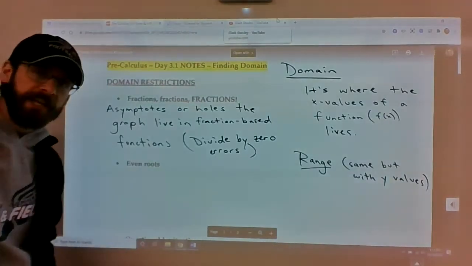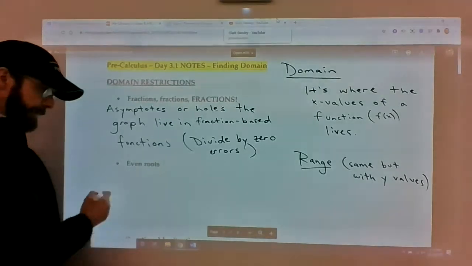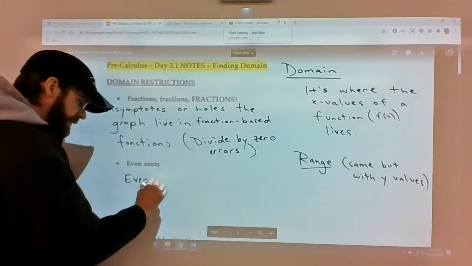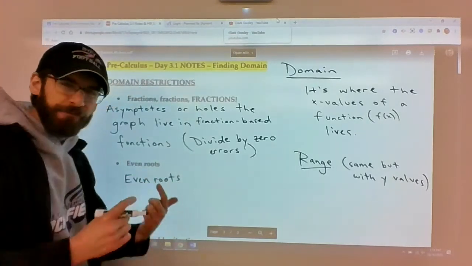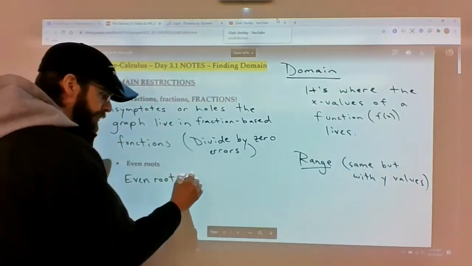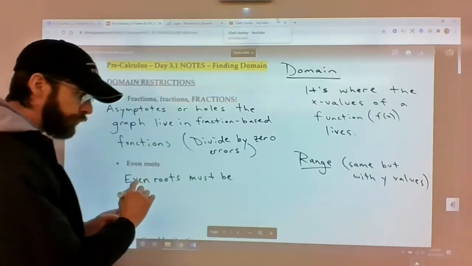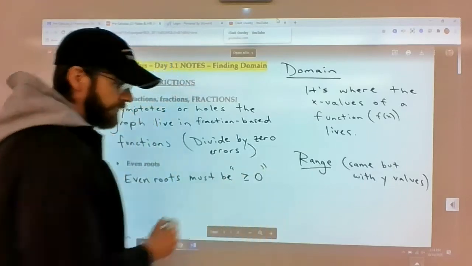Your second domain issue is even-rooted functions. Think about this: even roots don't have real solutions when the inside of them is negative. So even roots must have the inside greater than or equal to 0.